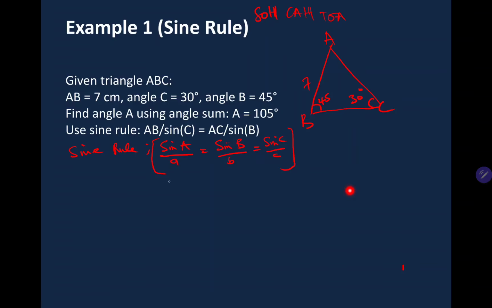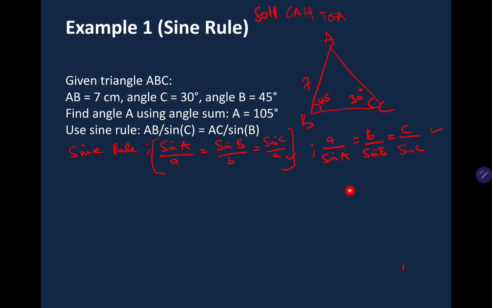But if you are looking for the side, it is okay to rewrite this formula as a over sine A is equal to b over sine B, and is equal to c over sine C. It's very okay to do that, depending on what you want to get. If you want to get the side, you use this formula. If you want to get the angle, you use this formula.